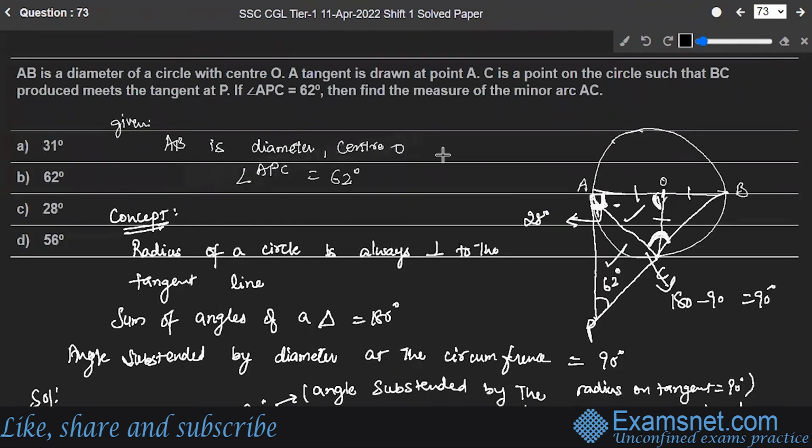So let's see here in the question, the measure of the angle should be, because according to all the options that are available, we are looking for the angle. Find the measure of the angle of the minor arc AC. So option D is the correct answer. I hope you're clear with this.